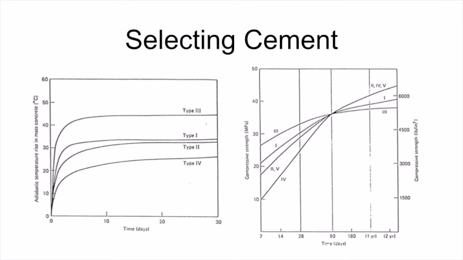For a foundation exposed to groundwater with high concentration of sulfates, high sulfate resistance is needed. Thus, type 5 should be selected. If high early strength is needed, type 3 will be the best choice. But generally, type 1 is the most popular cement for civil engineering.